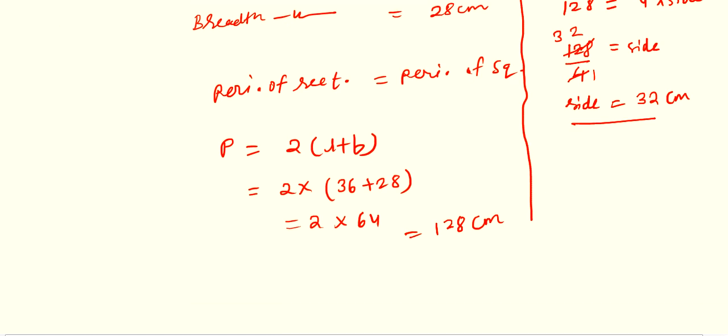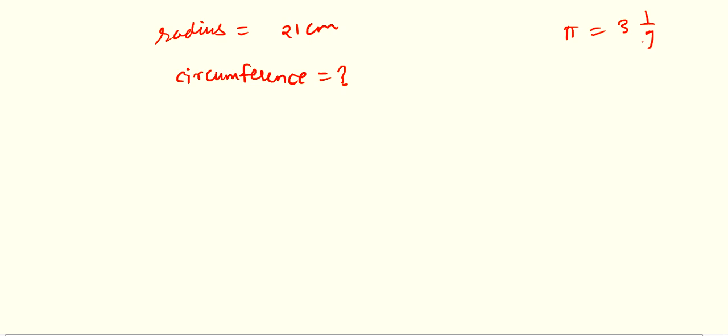Then question number 12. The radius of a circle is 21 centimeter. Find the circumference. Take pi as 3 1 by 7. So first solve this: 3 sevens are 21 plus 1, 22. So 22 by 7.